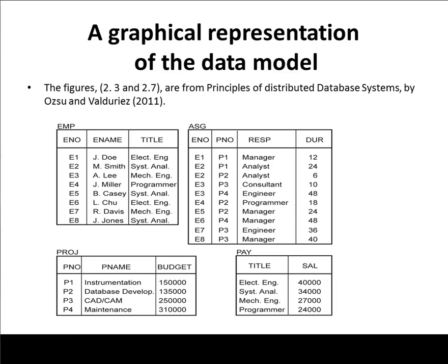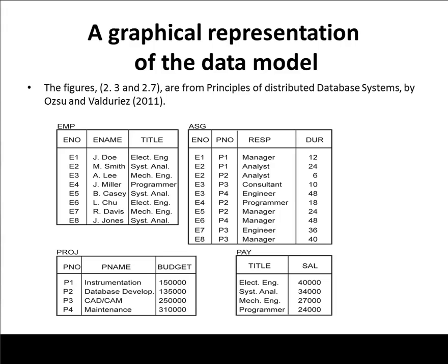When you studied the relational data model, you probably were introduced to graphics that are similar to the one before you. In this case, we use a picture of the data to represent what the data would look like within the relational data model.